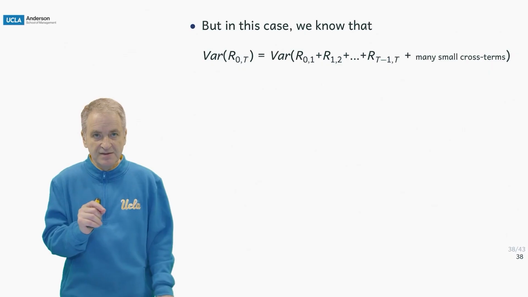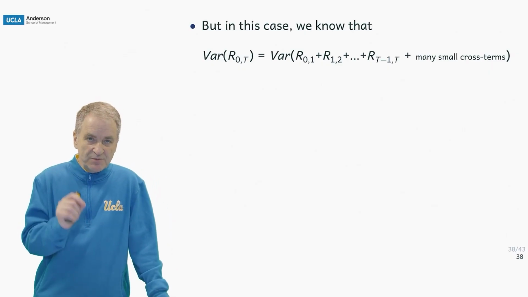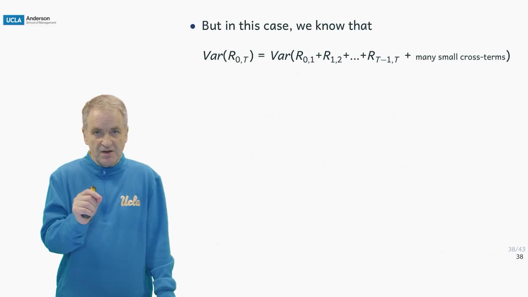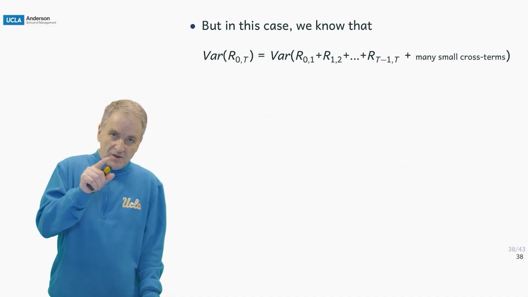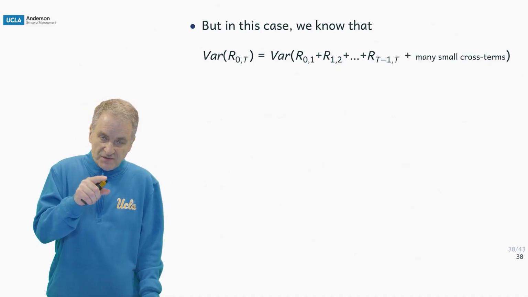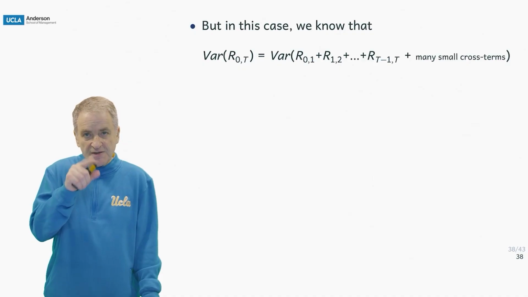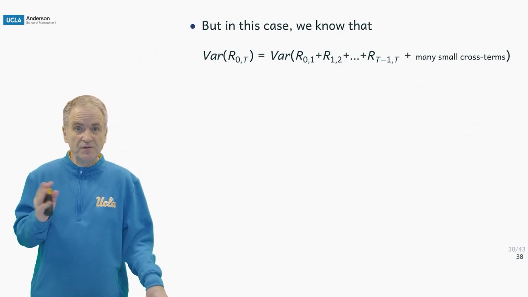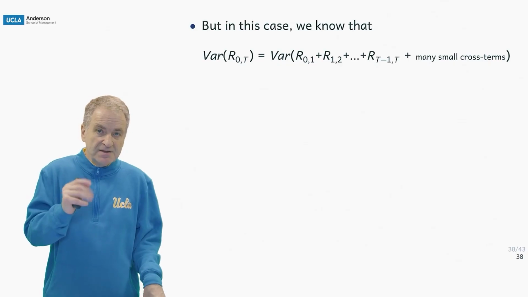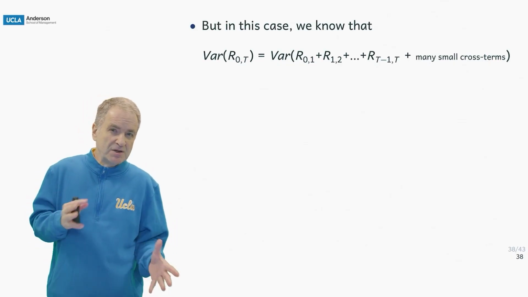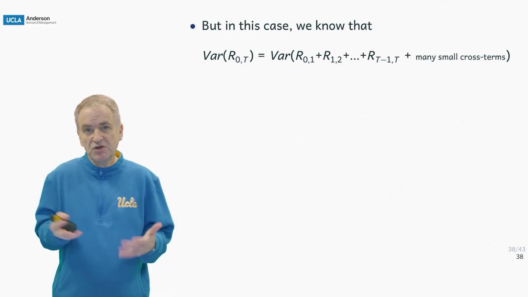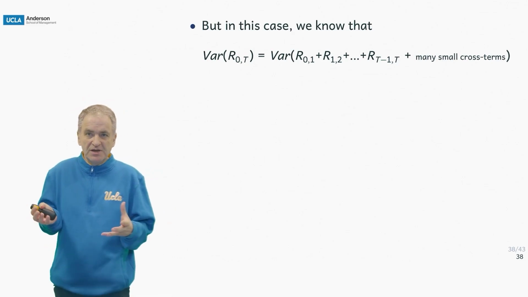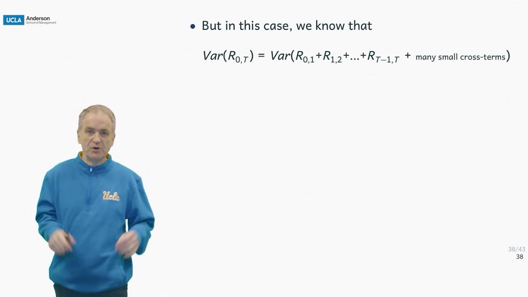But in this case, my variance of my portfolio from time 0 to time t is going to be the variance of, well, the summation of the individual returns plus many, many small cross terms, which we did in the first video of this class. But since a return is typically about, I don't know, on an individual day, about 1%, each cross term is about 0.01 times 0.01.